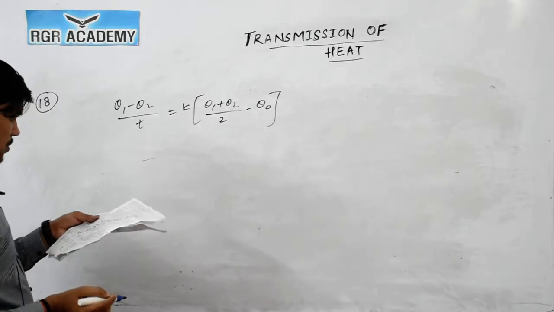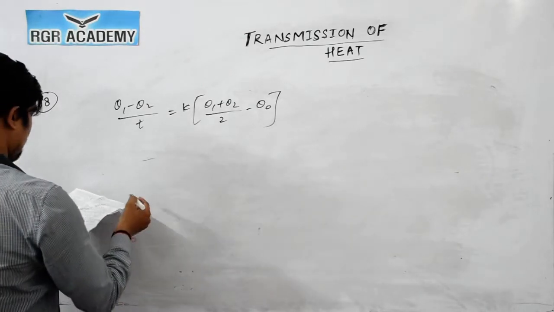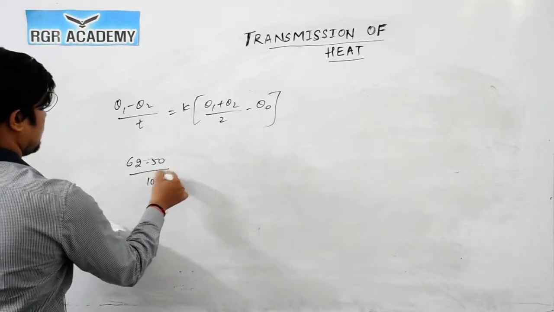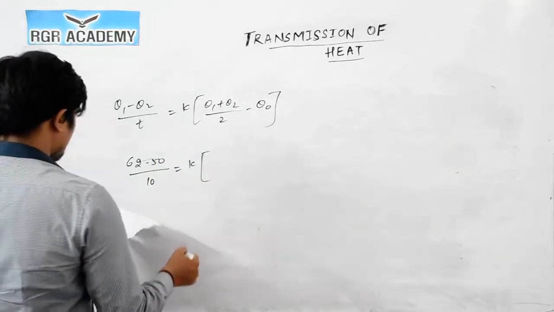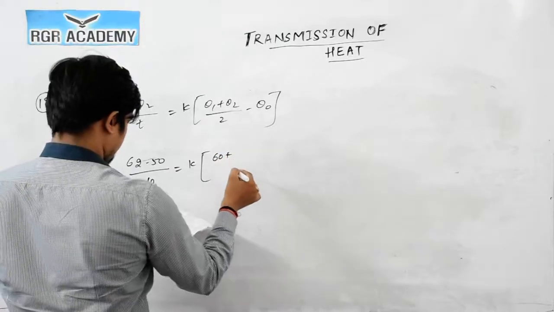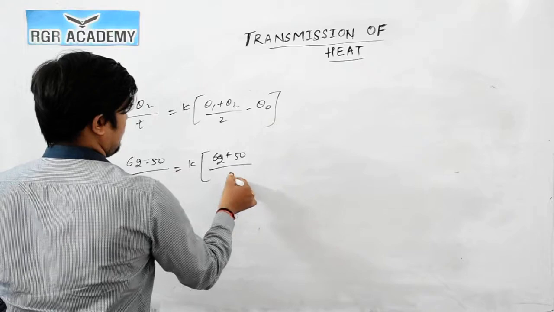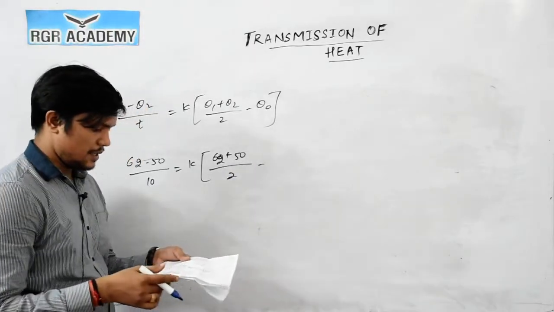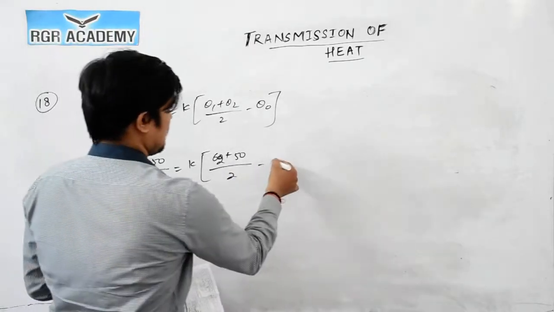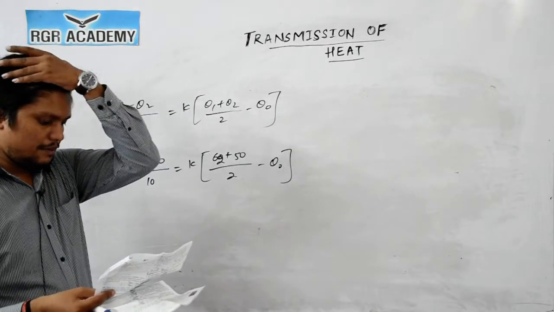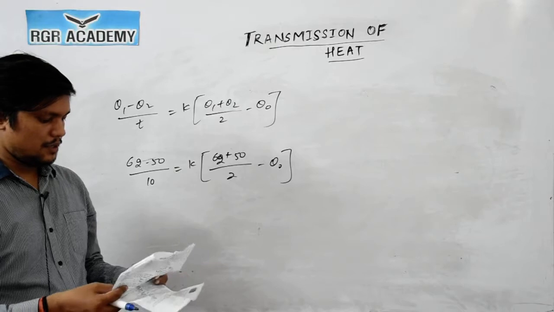Okay, so for the metallic sphere cooled from 62 to 50, 62 minus 50 divided by the time, 10, is equal to K times (62 plus 50) divided by 2 minus theta naught, since the temperature of the surrounding is not given. They are asking for the temperature of the surrounding.